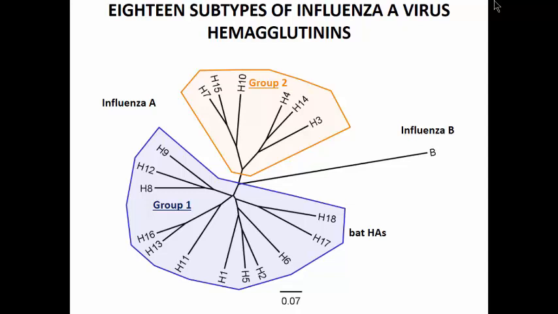The blue one here includes the H1 and the H2, which are human subtypes for the hemagglutinin, and then the H3. So we have circulating over the last 100 years H1, H2 in the blue, group 1, and H3 in group 2, and influenza B viruses are over there in terms of the hemagglutinin.